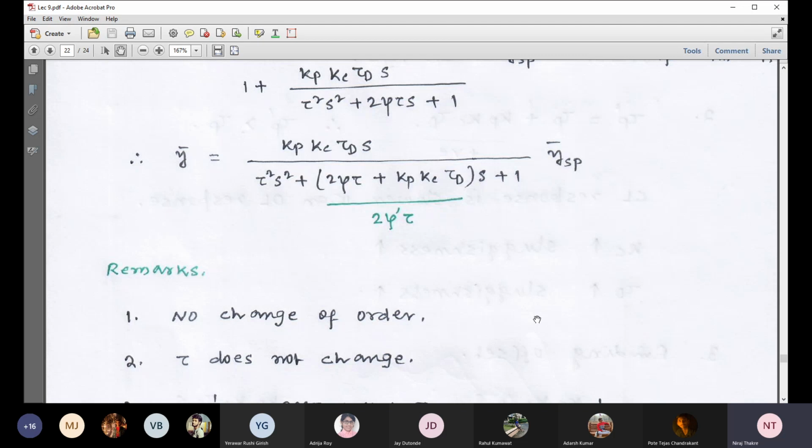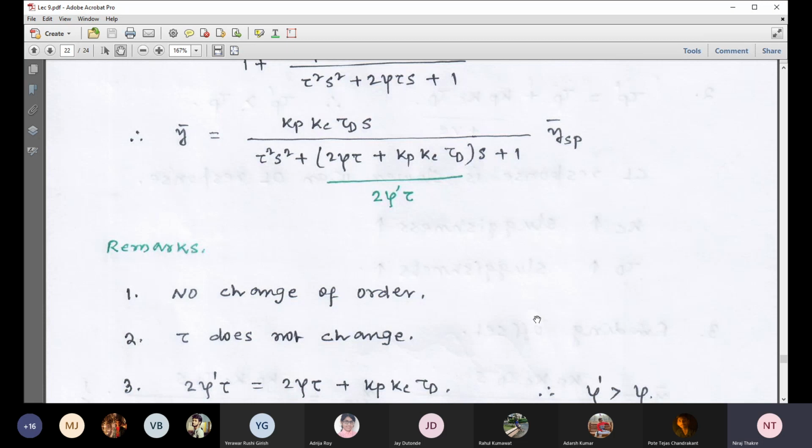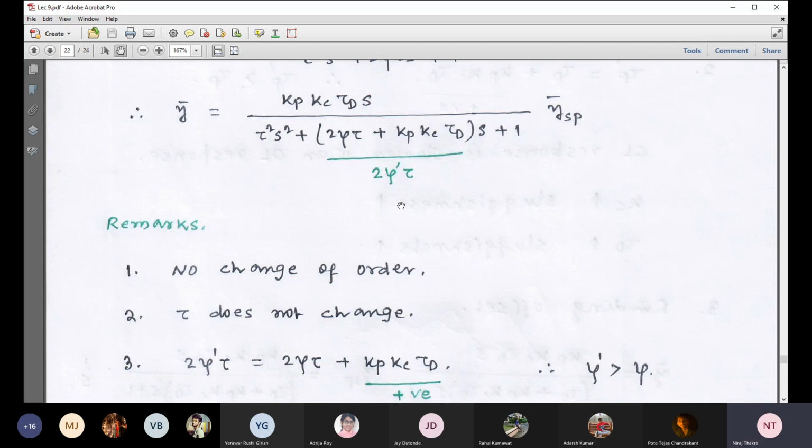And you know the effect. The third remark is this one: 2 zeta prime tau equal to this expression.